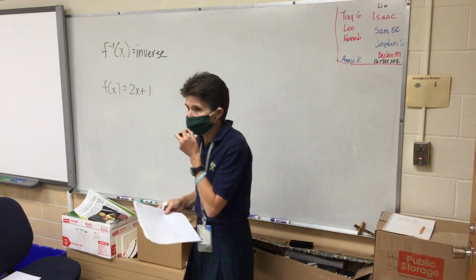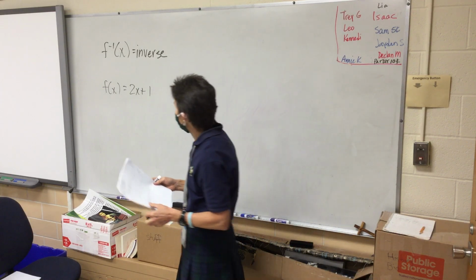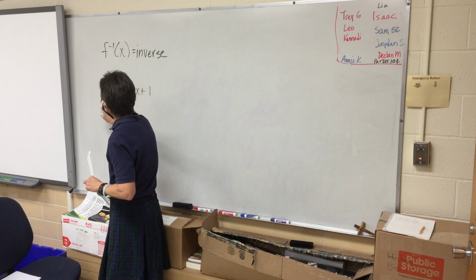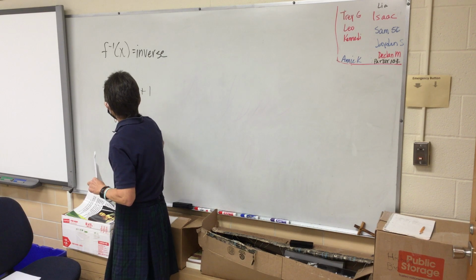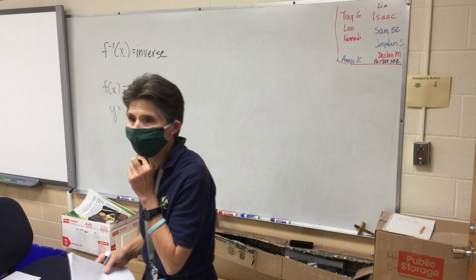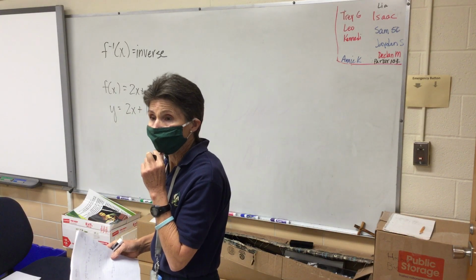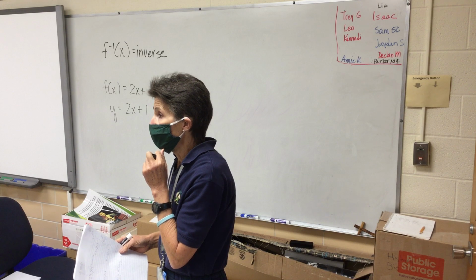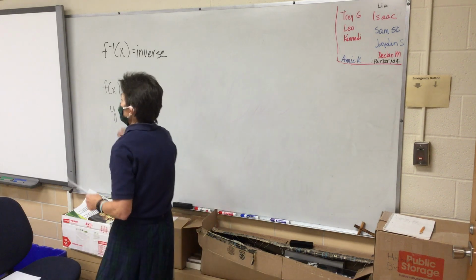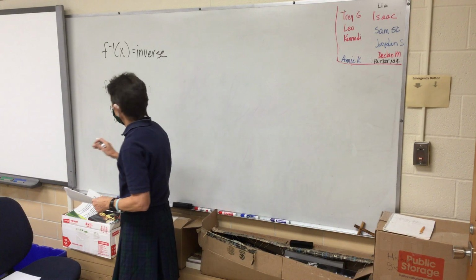First thing I want you to do is take out the function notation, and remember that f of x is just y. So I am going to rewrite f of x as y. Then the second thing, switch your variables.